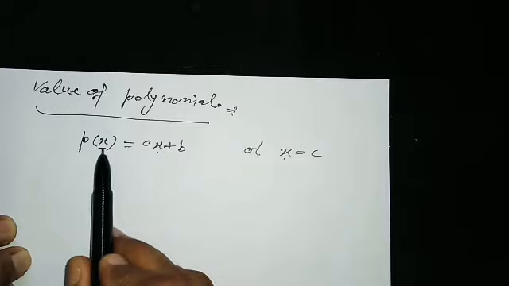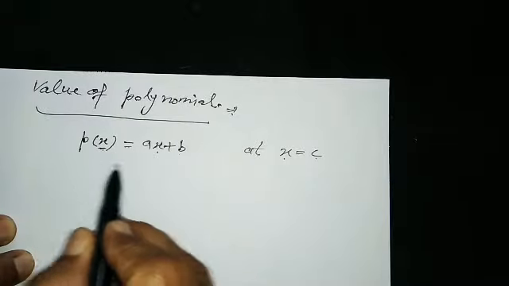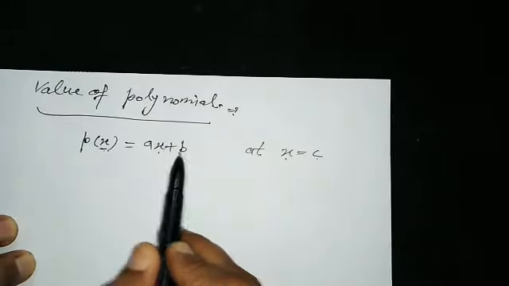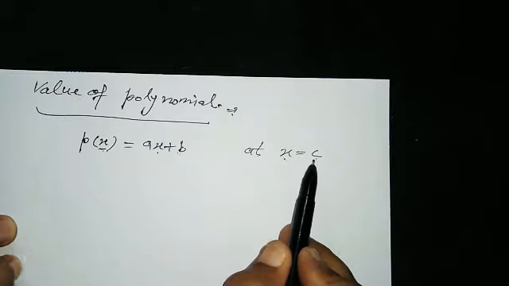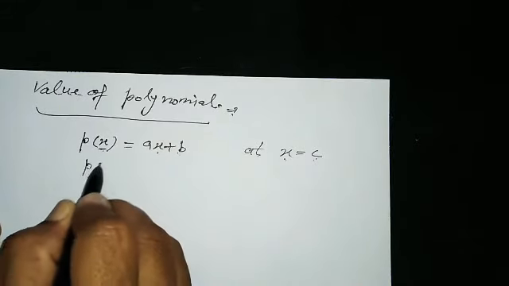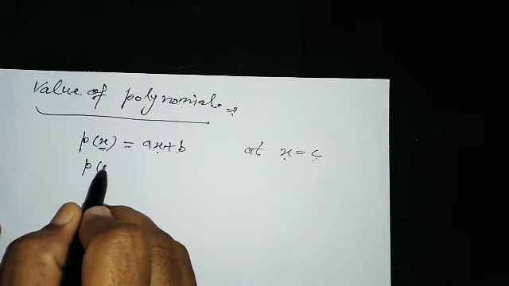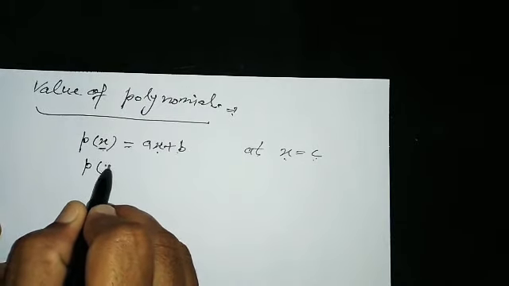Means value of polynomial depends on the value of variable. So we want to find the value of this polynomial at the value of this variable. How? Substitute this value c at the place of x.